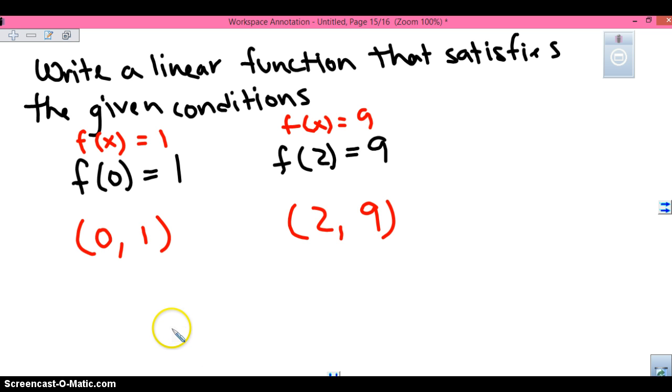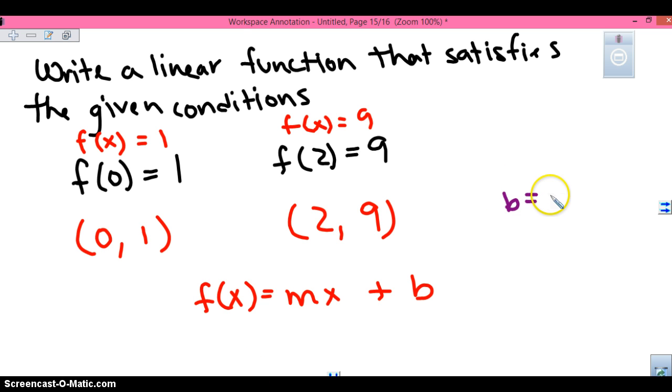If we have to write a function, we're writing function f of x equals mx plus b. Do we know our y-intercept, Jesse? Yes. What is it? 1. Y-intercept is 1. What is the slope?